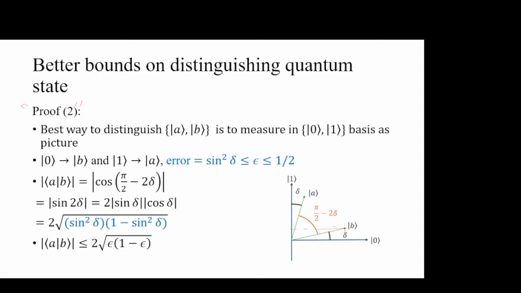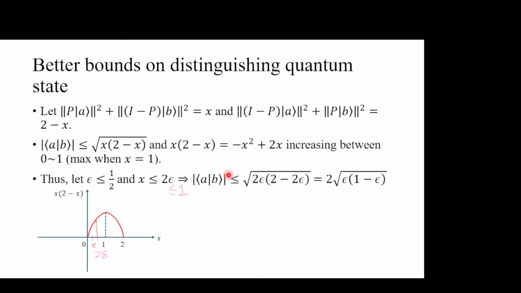By simple trigonometry, this is sine squared delta. Similarly, the projection of your A vector on the 0 vector is sine squared delta. So the error will be sine squared delta.